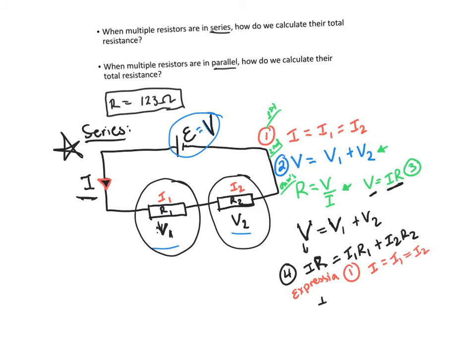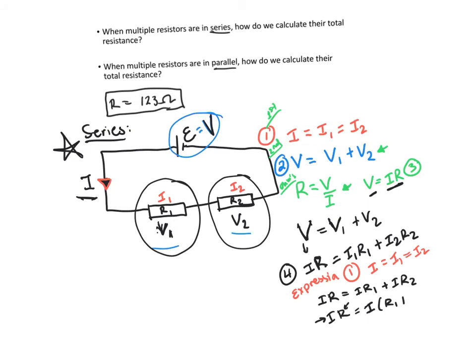So IR is equal to IR1 plus IR2. If I divide both sides by I, I'll take the common factor out first before I confuse you. So once again, this is the total current in the circuit, which is the same everywhere. This is the total resistance. This is the total current again, times R1.